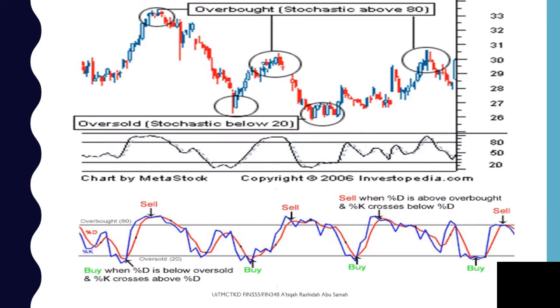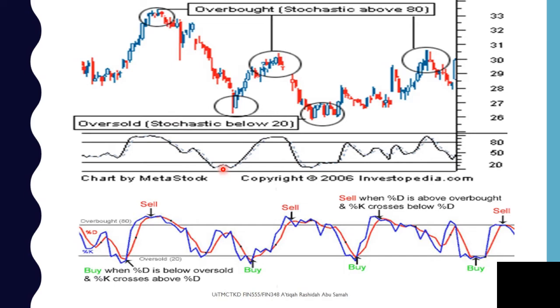This is an example of a stochastic reading from the chart. We can see here that when this line crosses above 80 and goes down, this is the point of selling.